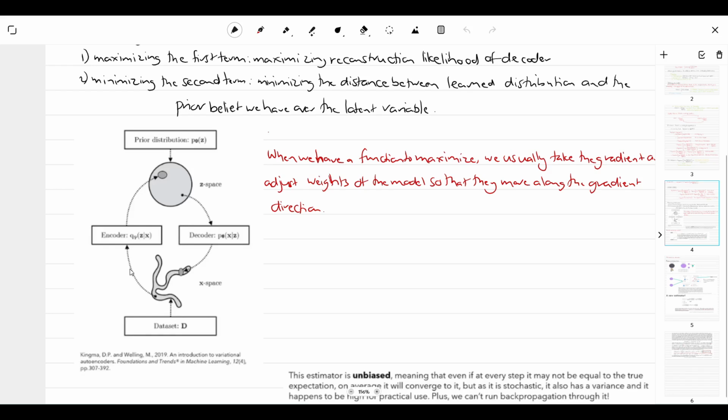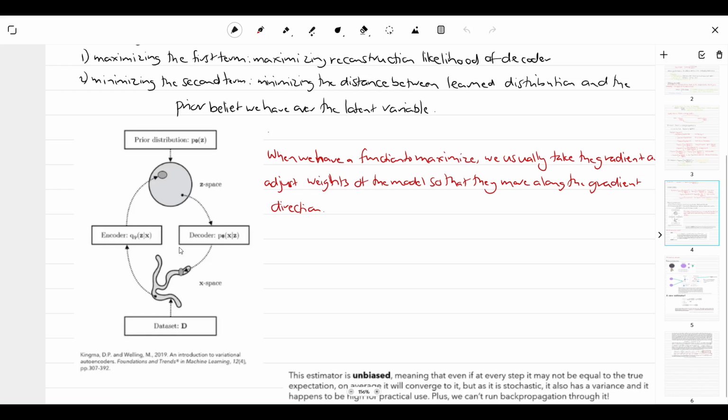The KL divergence term then forces these learned distributions to be as close to the prior. This ensures the latent space is smooth and continuous. And then the decoder p theta x given z learns to reconstruct an image x from a sample z from the encoded form here.